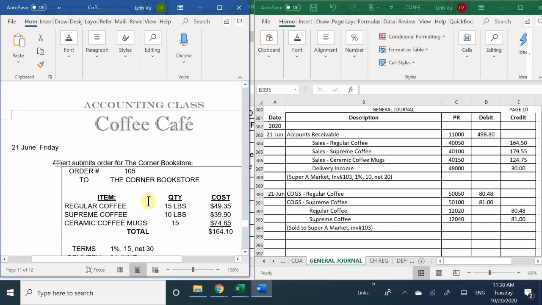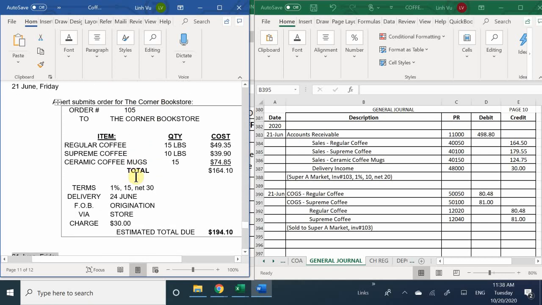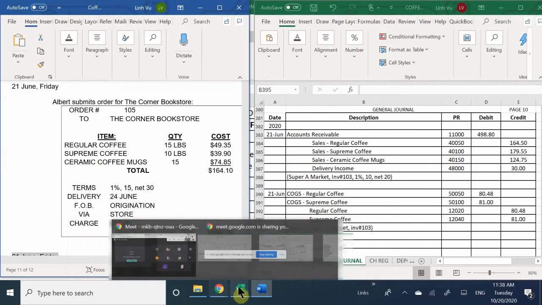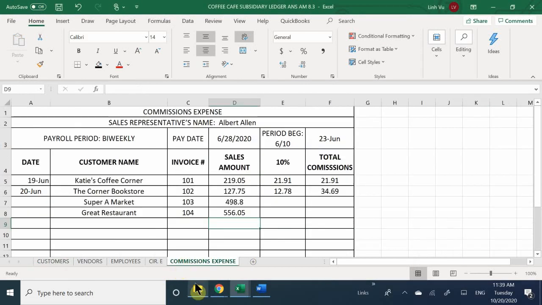So Albert submits an order for the corner bookstore, again, for invoice number 105. Okay? So if Albert submits an order, where do we place his information? Information here on the commission. Commissions, correct. So we're going to go to commissions.